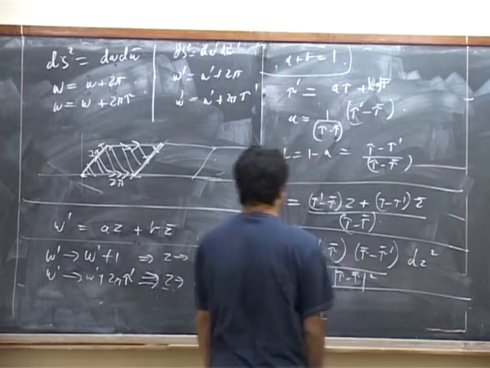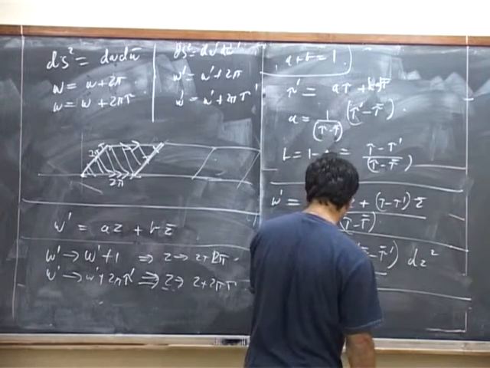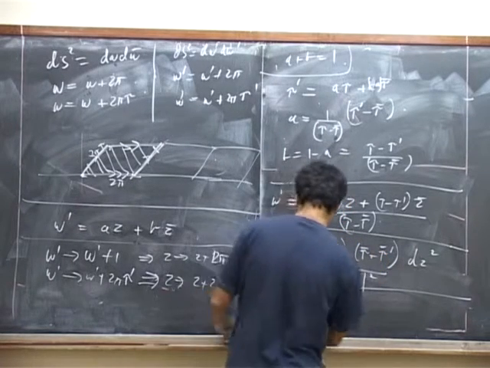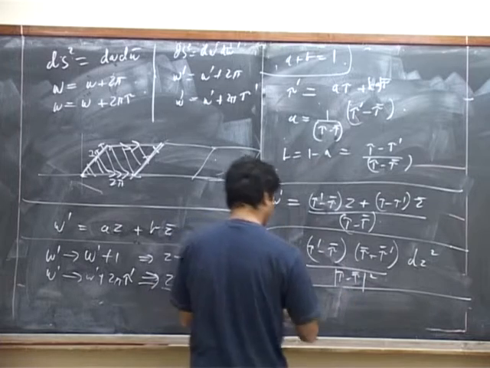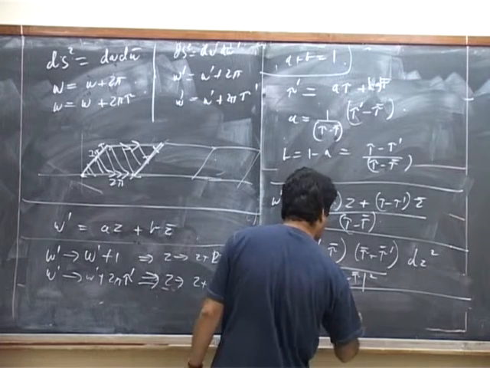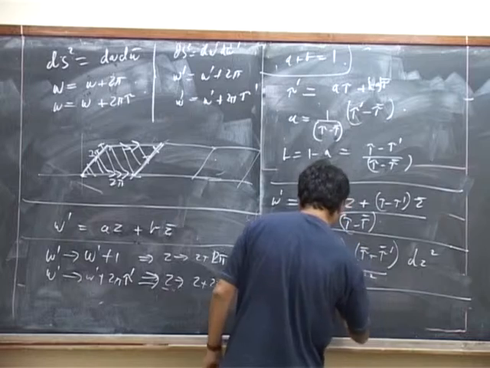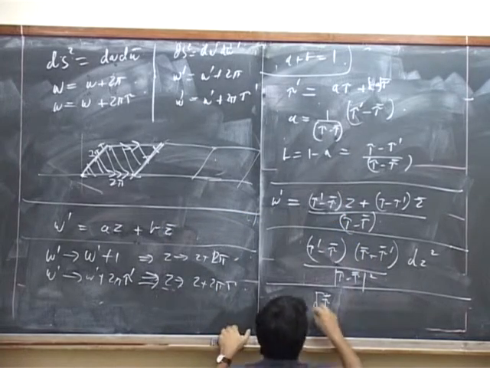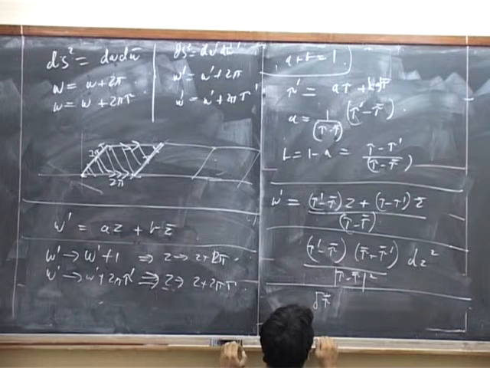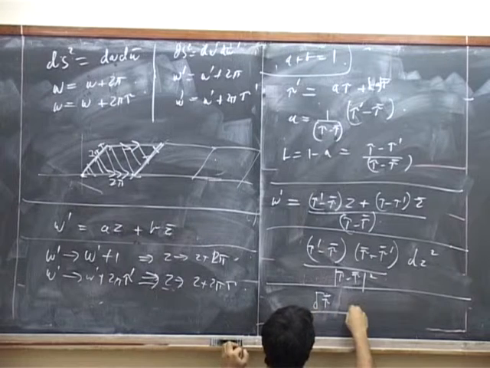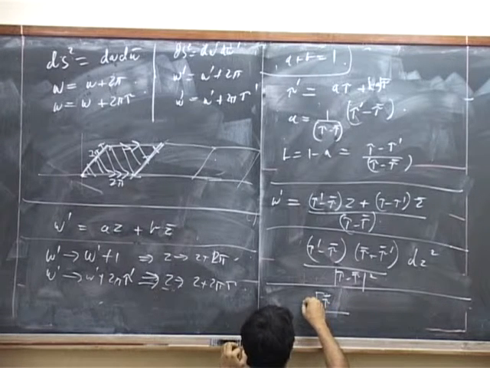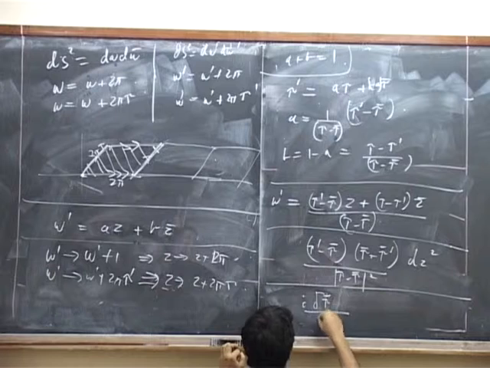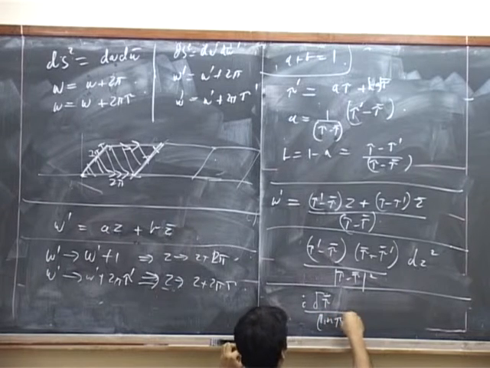At first order, we get delta tau bar times the factor of i times the imaginary part of tau.